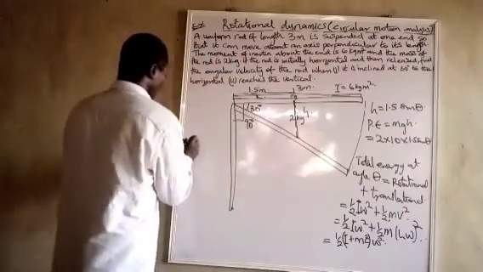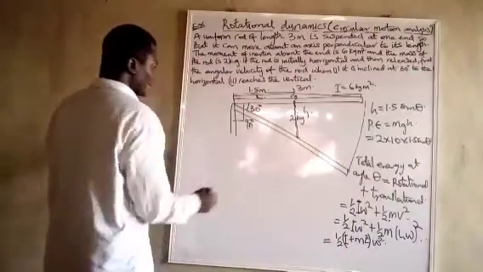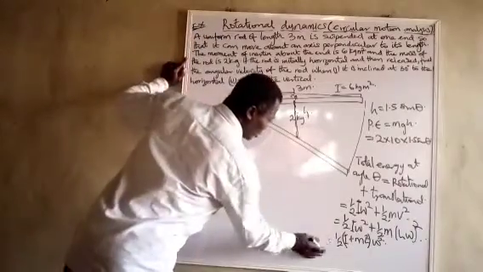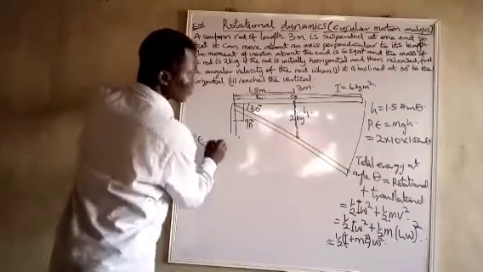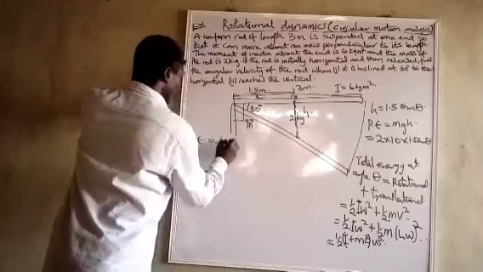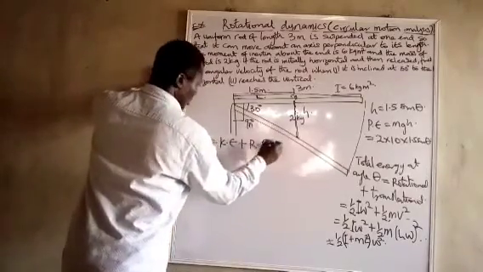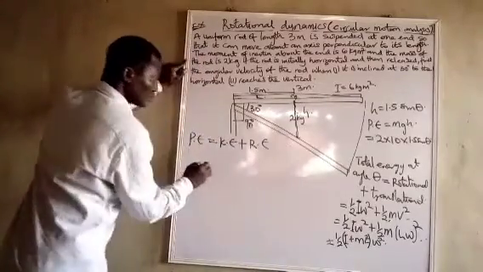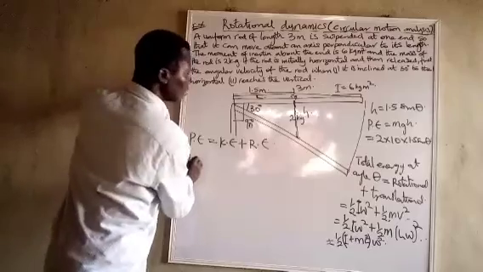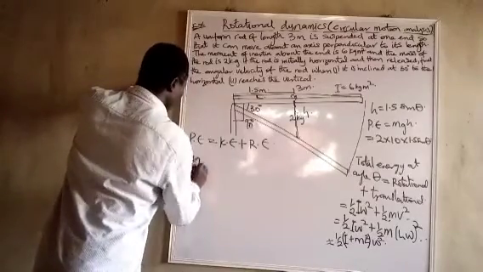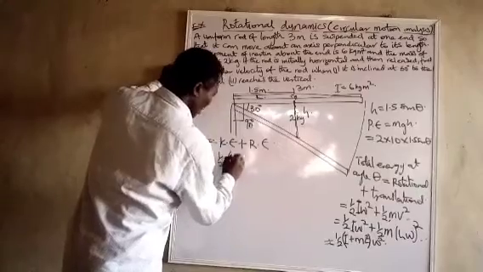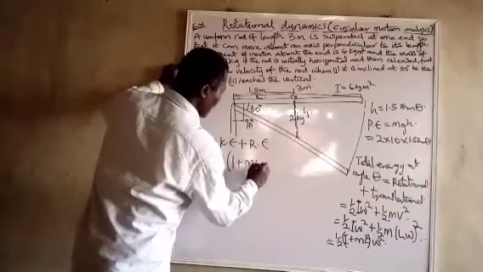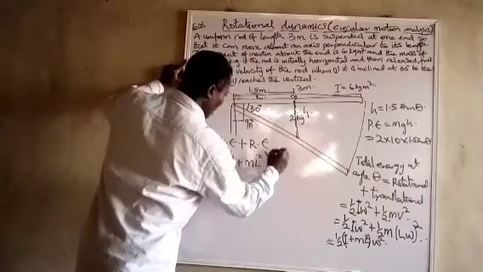Therefore, when inclined at any angle, we can find our angular velocity, that is, PE equals translational kinetic energy plus rotational energy. Therefore, we can say mgh is equal to half I plus m L squared into omega squared.